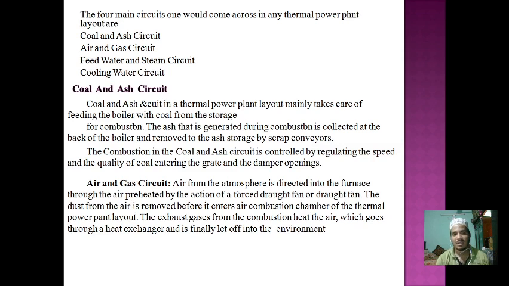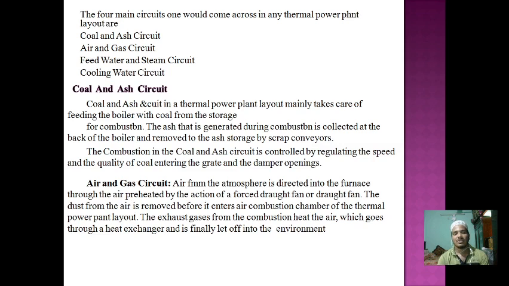The coal and ash circuit in the thermal power plant mainly takes care of feeding the boiler with coal from the storage. We feed the boiler from the coal store. That is the coal and ash circuit. For the combustion process, we take care of the coal and ash circuit. Ash is generated during combustion and is collected at the back of the boiler.